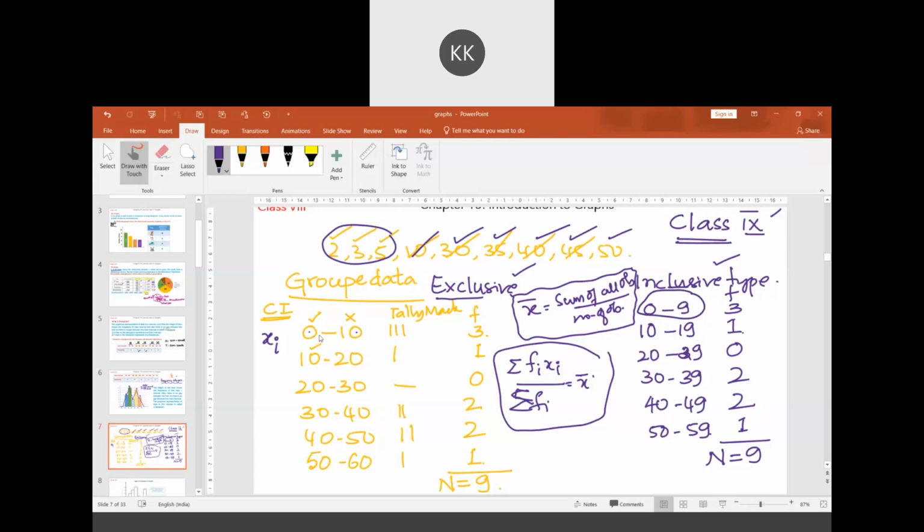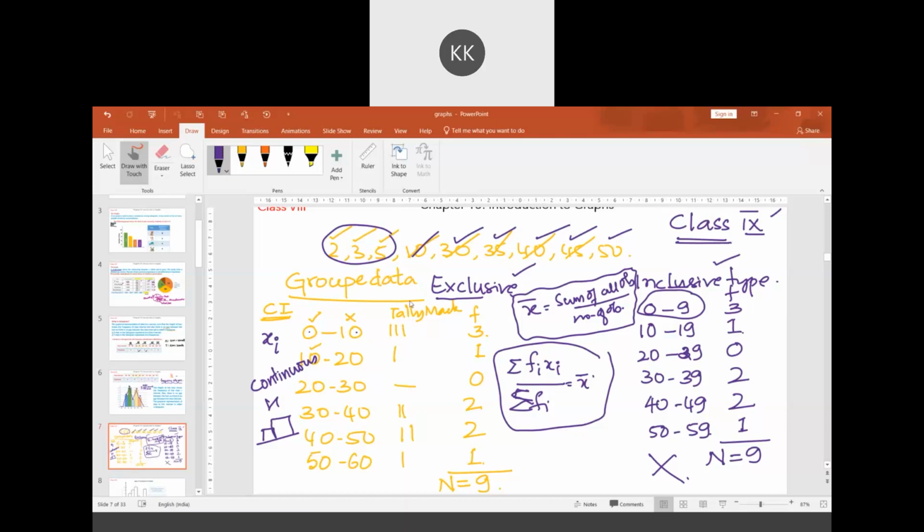We always consider a continuous one. This is called a continuous frequency table. You can see here, it ends at 10. It starts from 10. So there is a continuity. 0 to 10, 10 to 20. There is a continuity. You will get histogram. In this case, it's impossible to get a histogram. It's not at all possible.